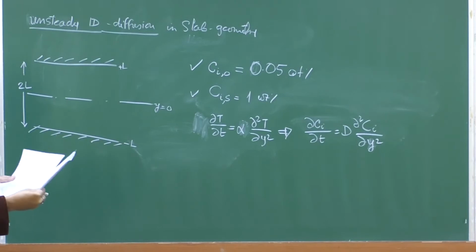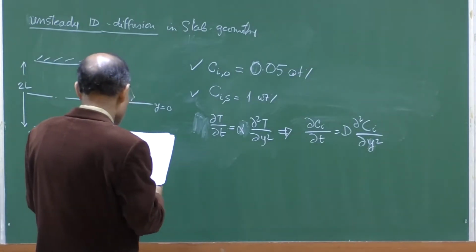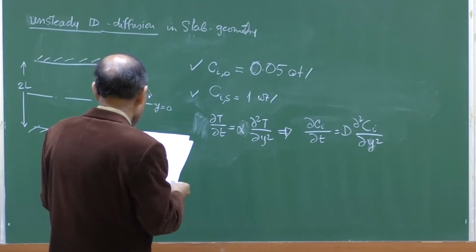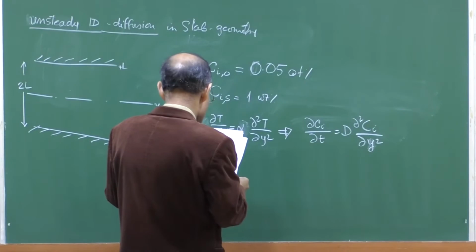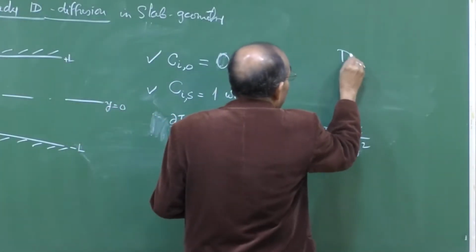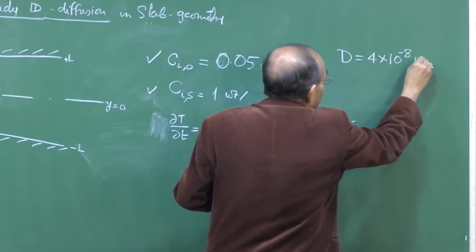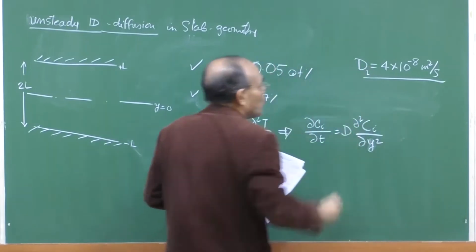The diffusion coefficient value is, let me see what is the value that I have used. I think it is something raised to the power minus 8 or so. So, 4 into 10 to the power minus 8 meter square per second. That is the diffusion coefficient, diffusion of I through the medium.